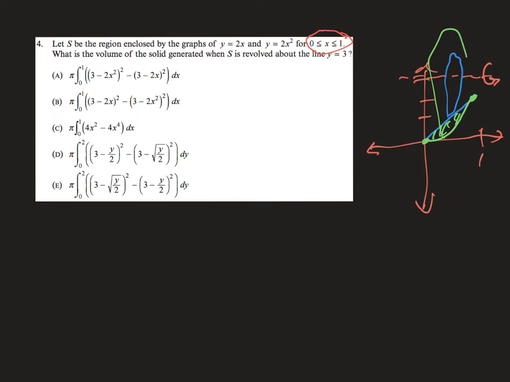All right, so we need the integral. For this volume, it's going to be pi, going from 0 to 1. It's going to be the big R squared, which is the green one.